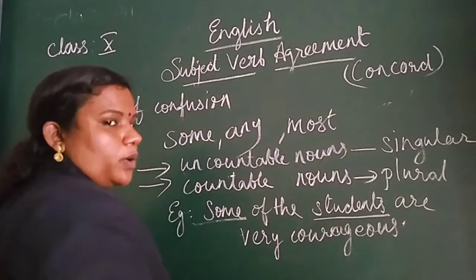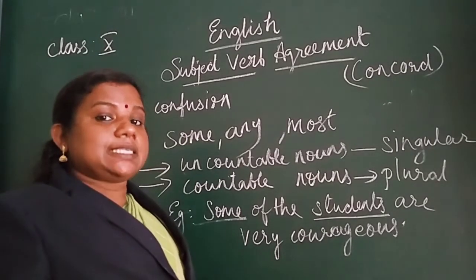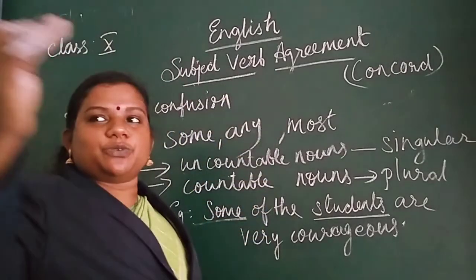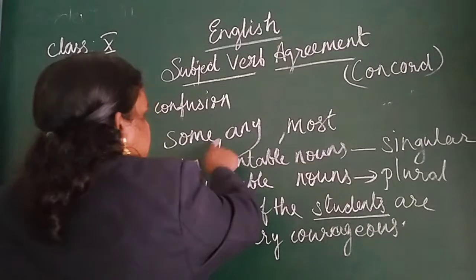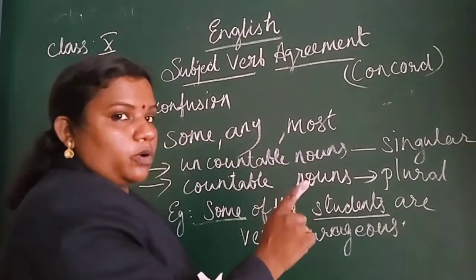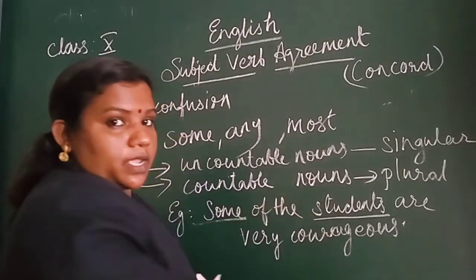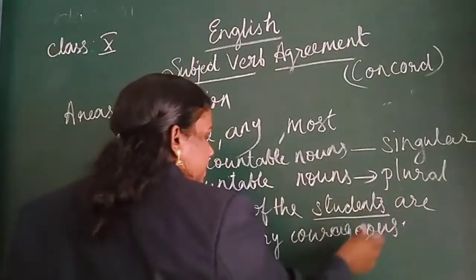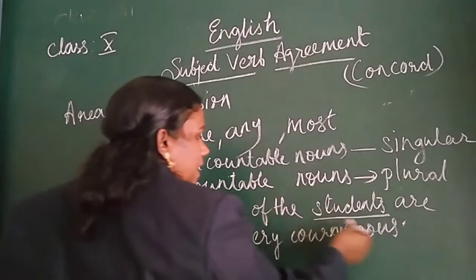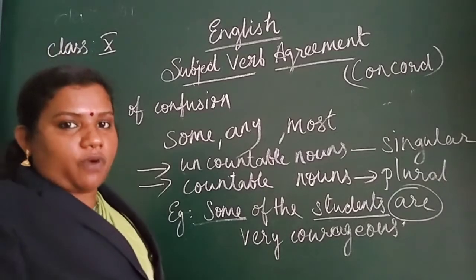Is the word a countable noun or uncountable noun? Can you say which one it is? It is countable. Students, we can count 1, 2, 3 like that. So if these indefinite pronouns are following a countable noun, we should use a plural verb. See, some of the students are, is a plural form.